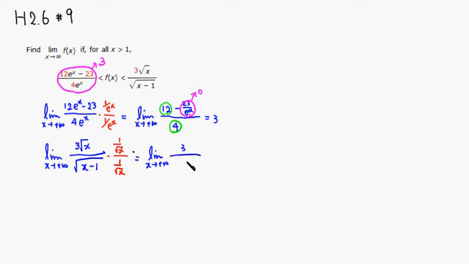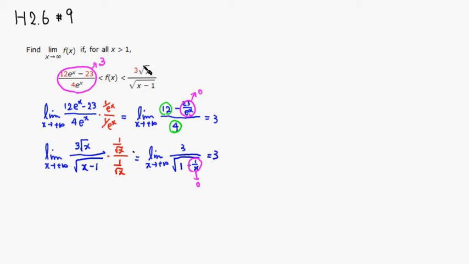Square root of x divided by x would be 1, and negative 1 divided by x is negative 1 over x. We see that the 1 over x approaches 0, so what's left is 3 over square root of 1, which is 3.